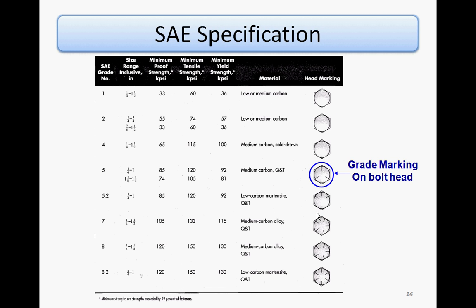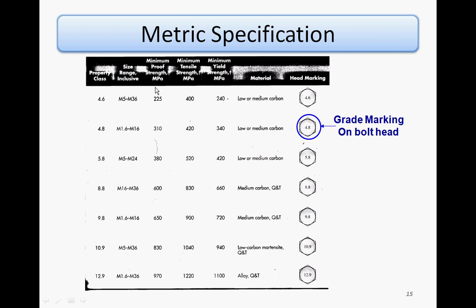Same thing for the SAE: for the SAE grade number, the minimum proof strength is here. And metric is the same thing, though they use a different property class. If I remember correctly, when I was looking at the table and then looking on the internet, there was a little discrepancy somewhere here.